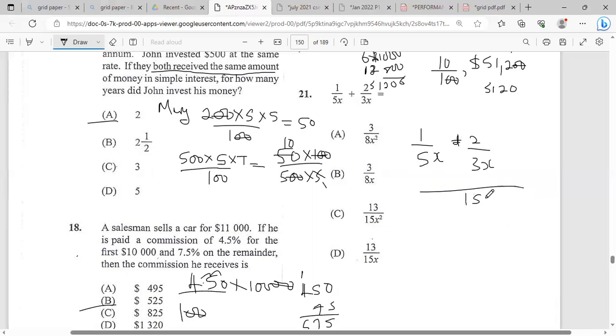And we can kind of see because once you can eliminate these two, right? Because they have the x squared. And then 15 into that goes 3 times, 3 ones 3. 3x into this leaves 5. 2, 5, 10. Add them, I get 13 over that.